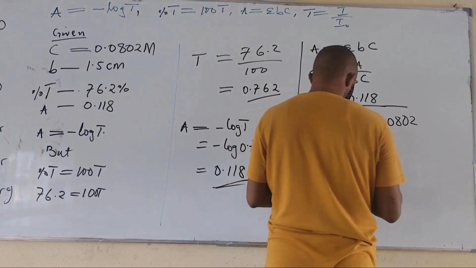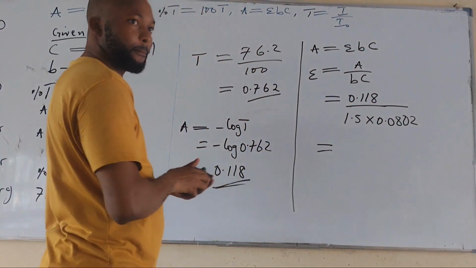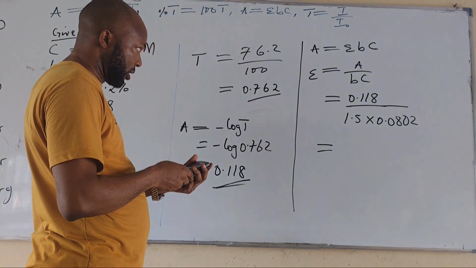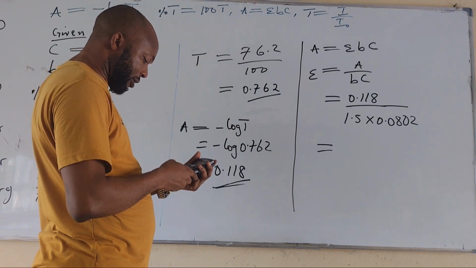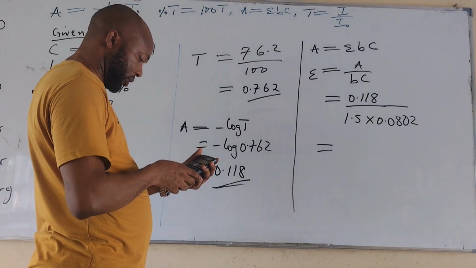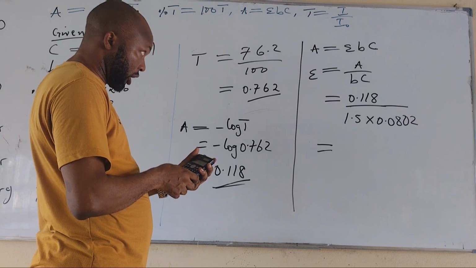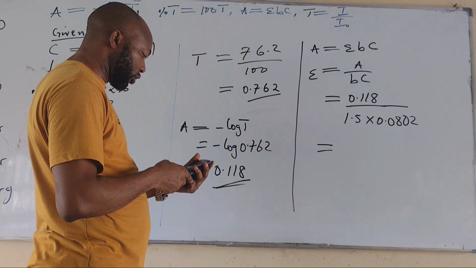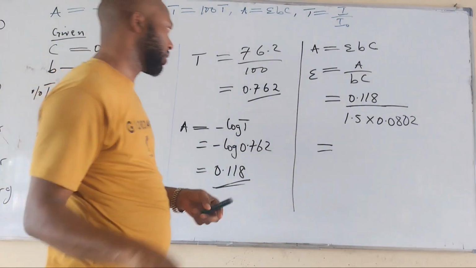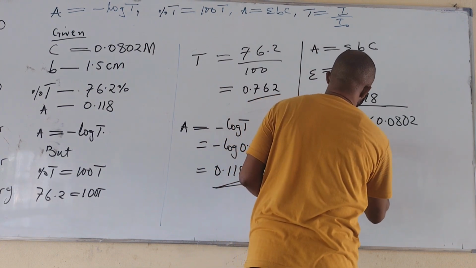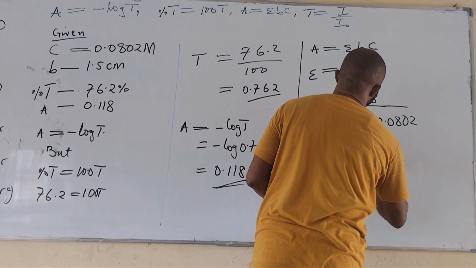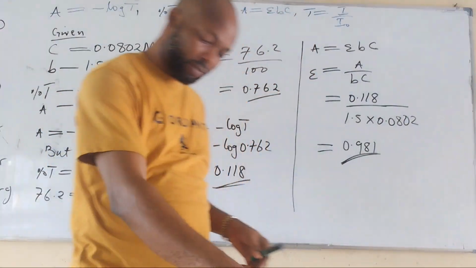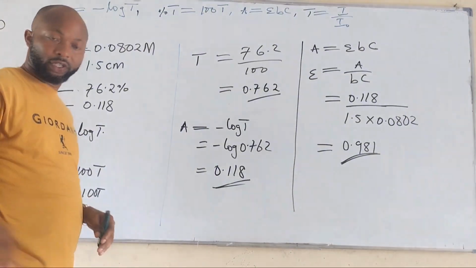This is 0.118 divided by 1.5 times 0.0802, which is 0.981. That is our molar absorptivity. Let's take some more questions.